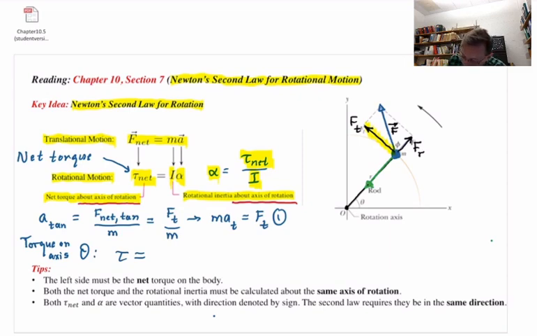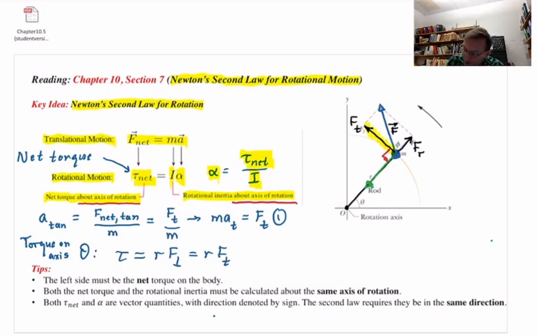And that turns out to be the one I'm going to use in this case, because the component of the force that's perpendicular to r is F tangential. In other words, that's a right angle right there. And so I'm just going to take the length of that rod, r, times F tangential. That's the torque. And it's a counterclockwise torque, so it's positive. We learned how to deal with that in the previous video lecture.